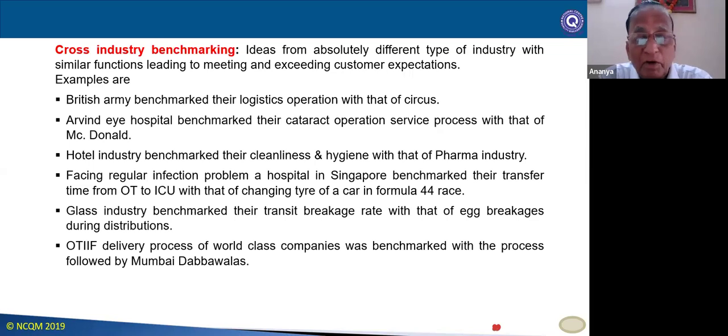On-time delivery process of world-class companies was benchmarked. This is wonderful for Indian companies, followed by the Mumbai Dabbawalas. They are much ahead in that Sigma. When we talk about Six Sigma, we'll talk about their example and how many mistakes per transaction. Even the Mumbai Dabbawalas are in a Harvard study.